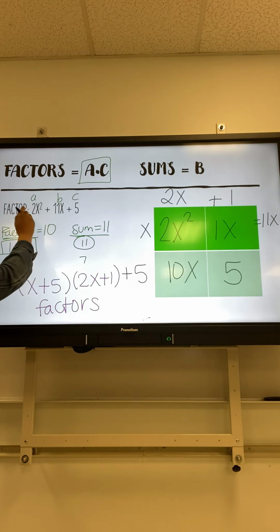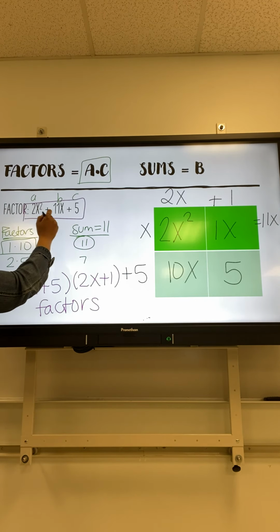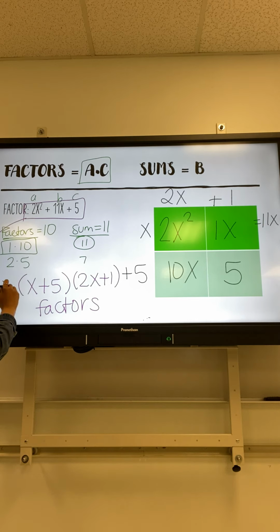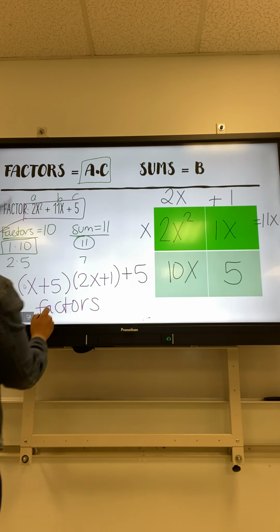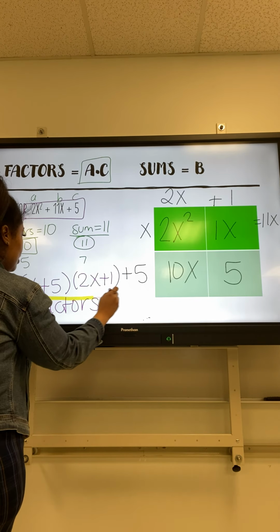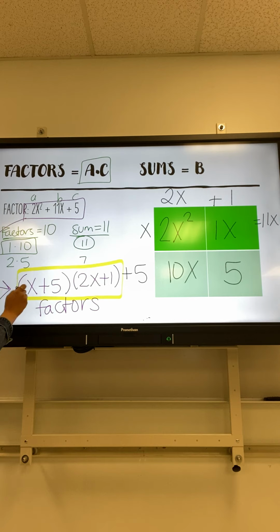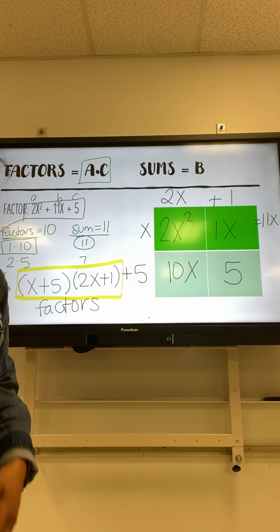So that means that if I take this and I break it down, these are the 2 things that were multiplied together in order to get that trinomial, okay? So again, this would be the answer that we are looking for. X plus 5 and 2x plus 1, okay?